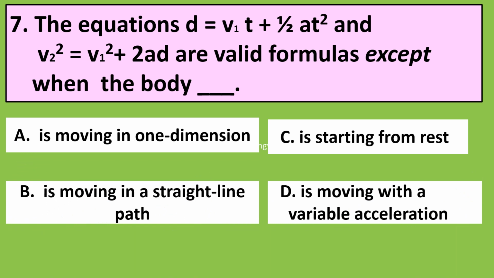Number 7. The equations d equals v1 times t plus 1/2 a t squared and v2 squared equals v1 squared plus 2 times the acceleration a and the displacement d are valid formulas, except when the body is what?